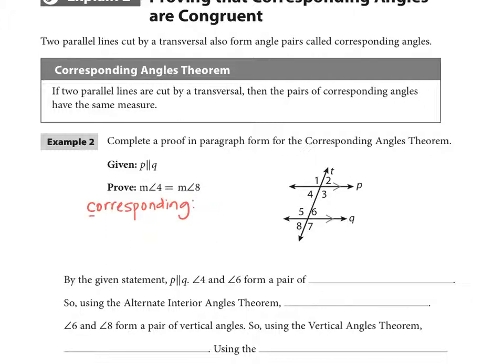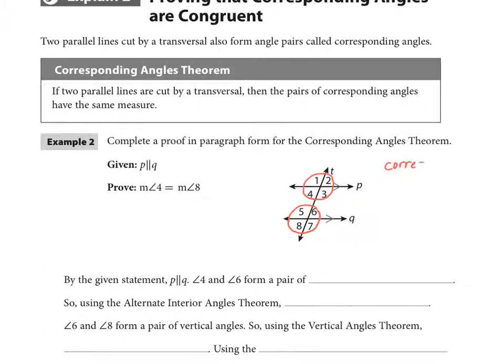So corresponding, you want to look for, I'm actually going to move this to the other side. You're going to look for one of the angles in this group of four, right here, angles 1, 2, 3, and 4, and then one of the angles here at the bottom. So we're going to match them up. And corresponding kind of means the same thing.